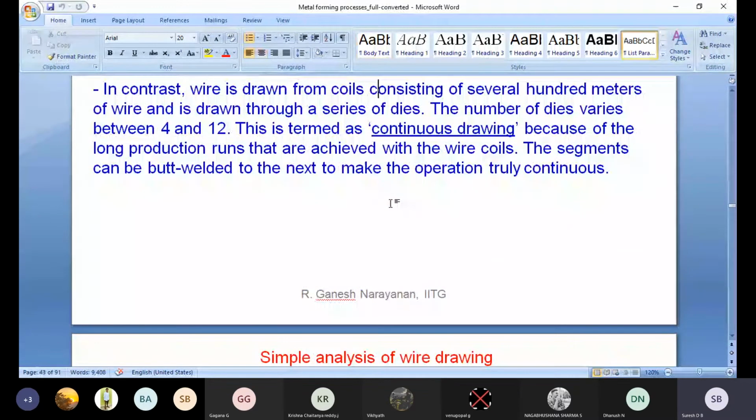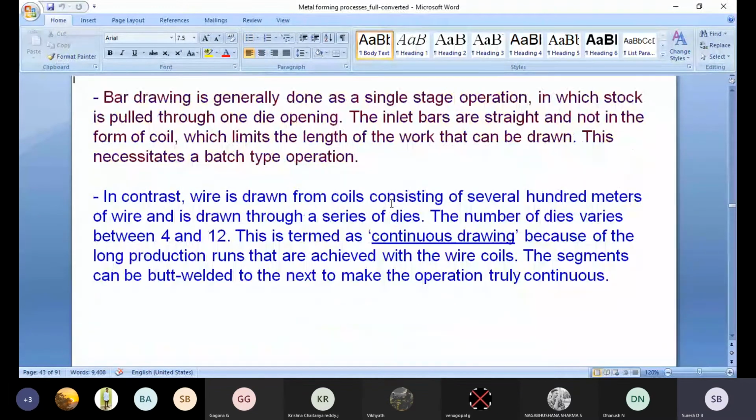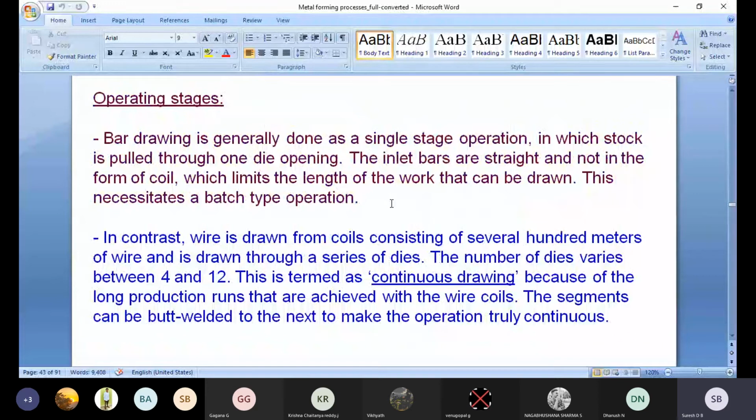Coil is nothing but like a wound. After completion of the drawing process, the smaller diameter wires are wound on pulleys. That is called a wound. An example of a coil is a heater, which is circular in manner.